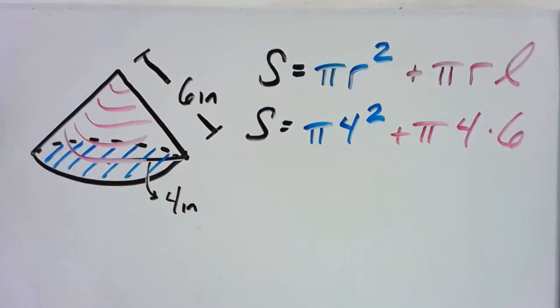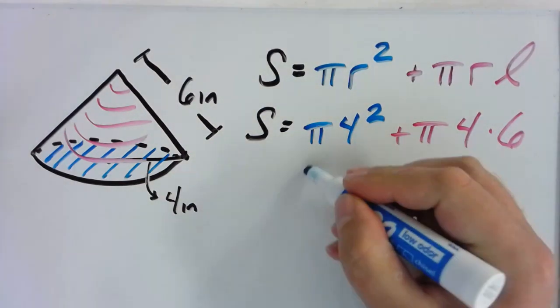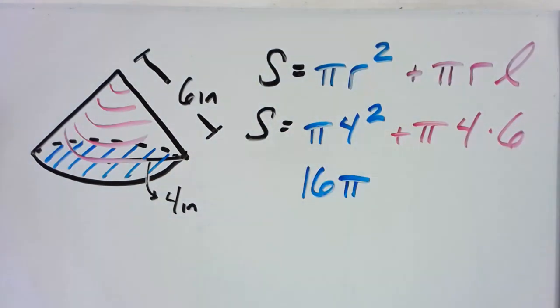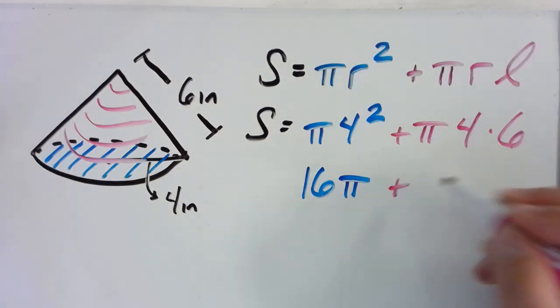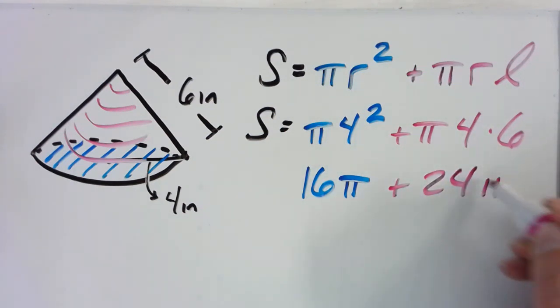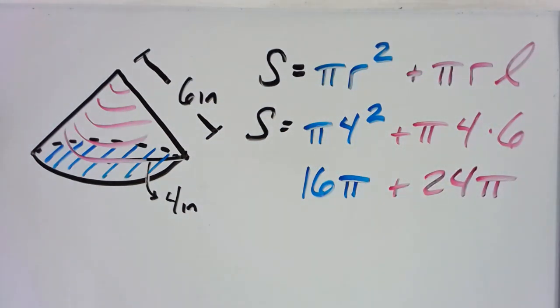4 squared, or 4 times 4, gives me 16. So the actual area of just the base is 16 pi in exact terms. For the lateral side, 4 times 6 is 24, and then just keeping the pi in there. So the area of the lateral side, the actual side of the cone, is 24 pi.